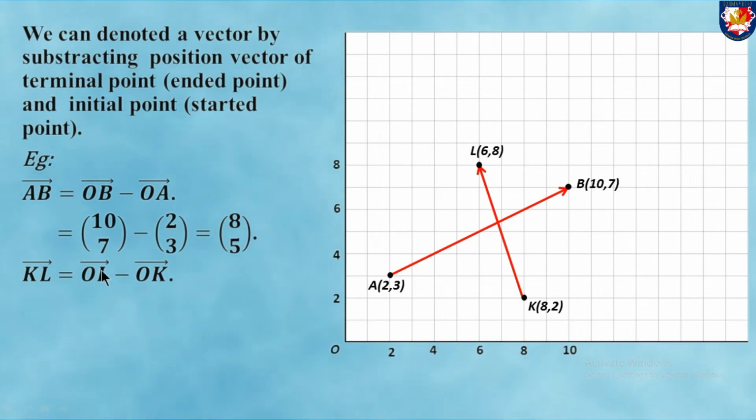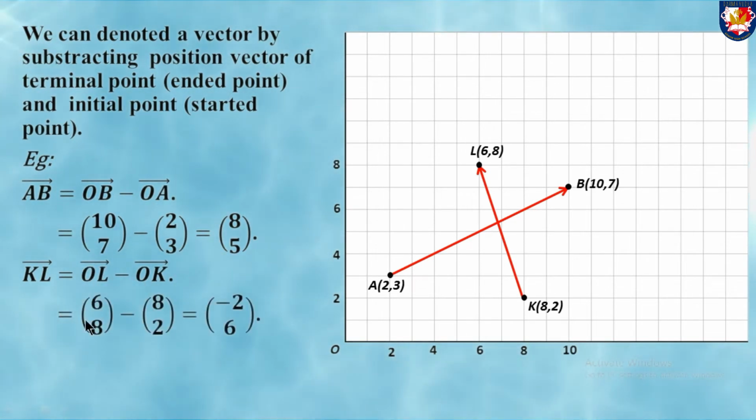So KL equals OL minus OK. OL is 6 and 8, the position vector of L, and OK is 8 and 2, the position vector of the initial point. So vector KL equals negative 2 and 6.